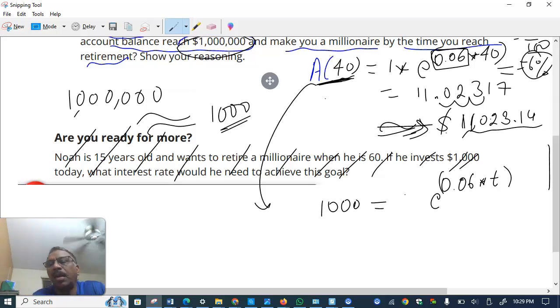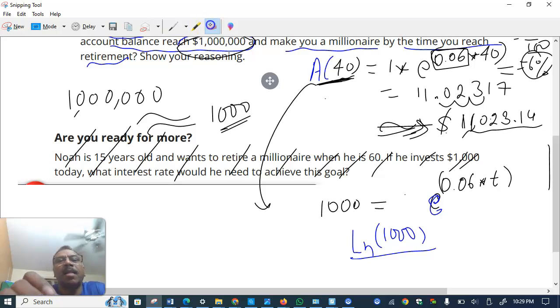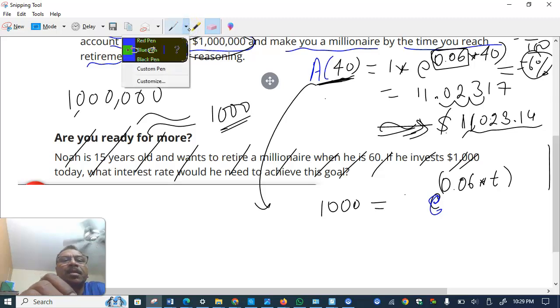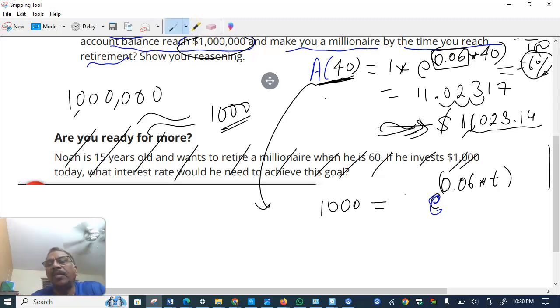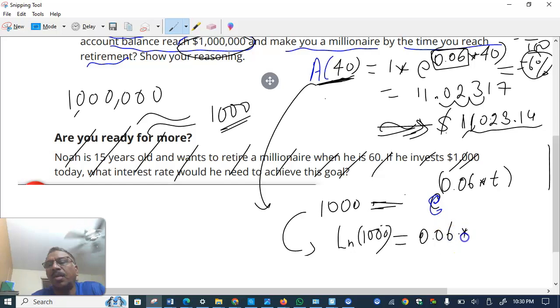When you write this in the logarithm, because there's an e, we can write ln of 1,000 and divide by. Of course, I think I made a mistake. So let's write a step here in the natural logarithm. This becomes ln of 1,000 equals 0.06 times t.